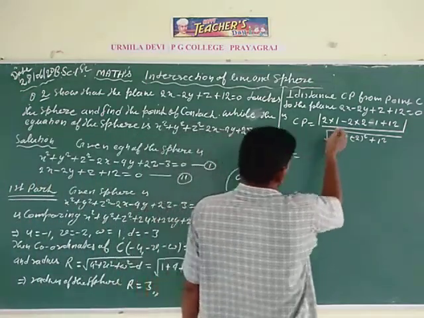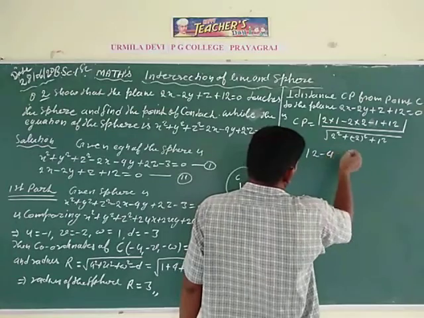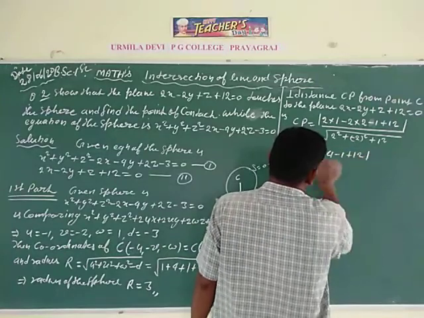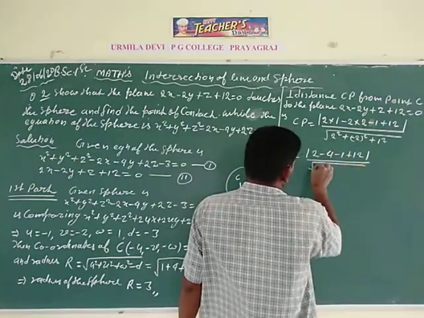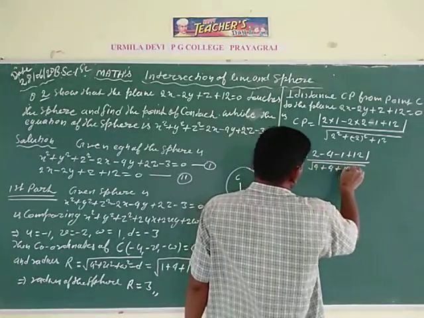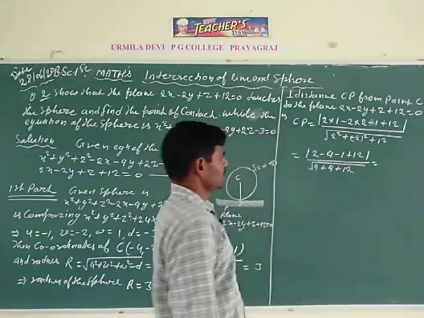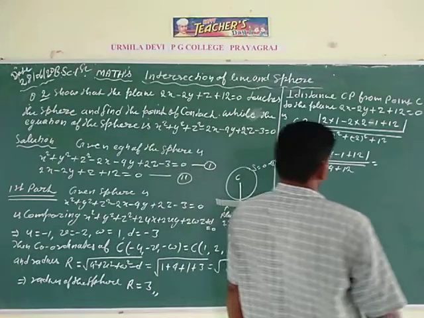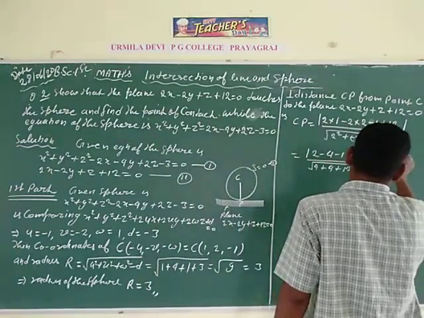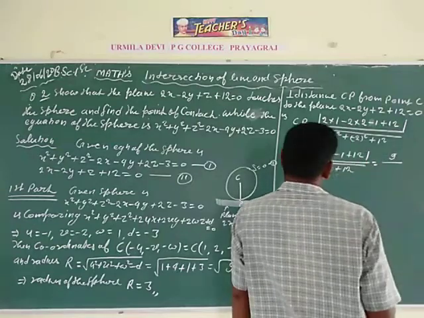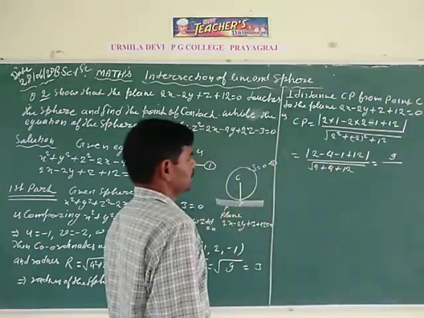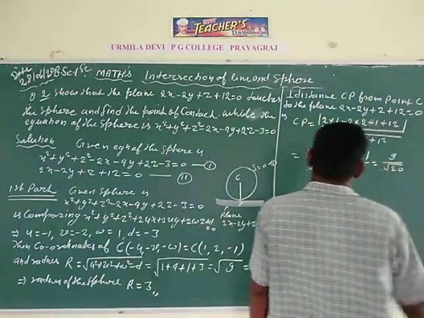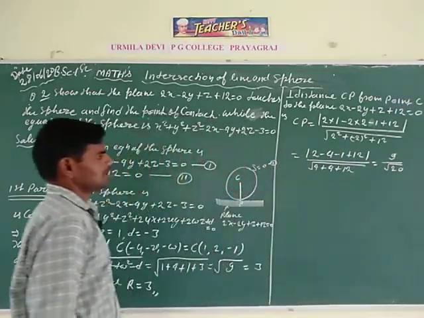So 2 into 2 is 4, minus 4, minus 1, plus 12, divided by under root of 4 plus 4 plus 1. Minus 4 plus 2 is minus... and in the denominator 4 plus 4 is 8, and 1 is 9, under root 9.